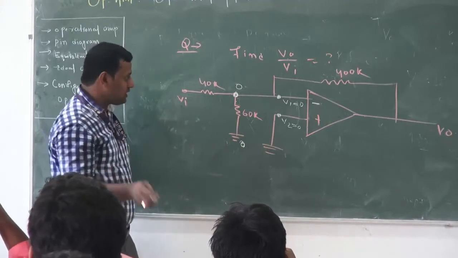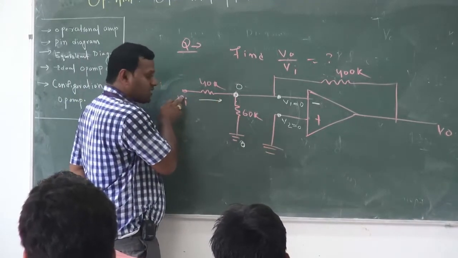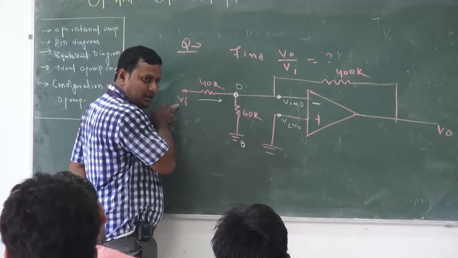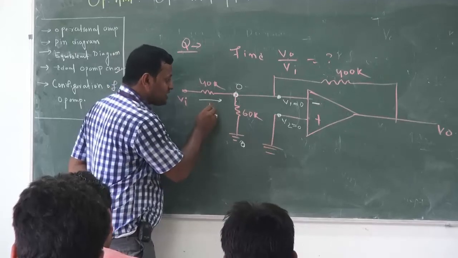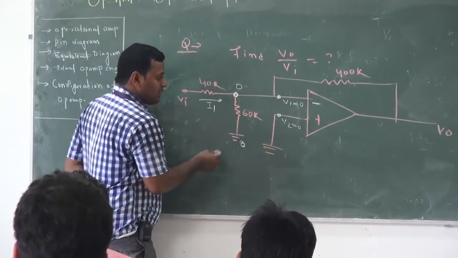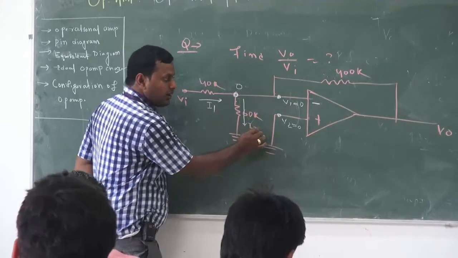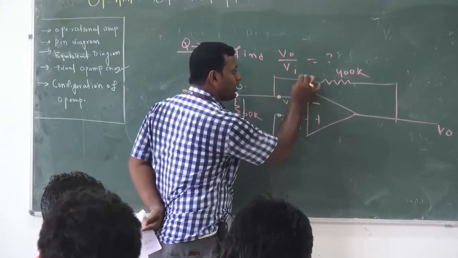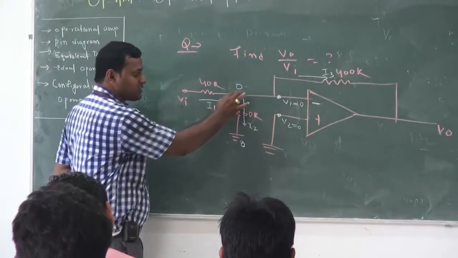Keep that in mind, because current is generated due to the battery or due to the AC signals. So this current, I can say, is I1. Suppose some current I2 is moving and some current I3 is flowing over here. Now I can apply KCL at this point.